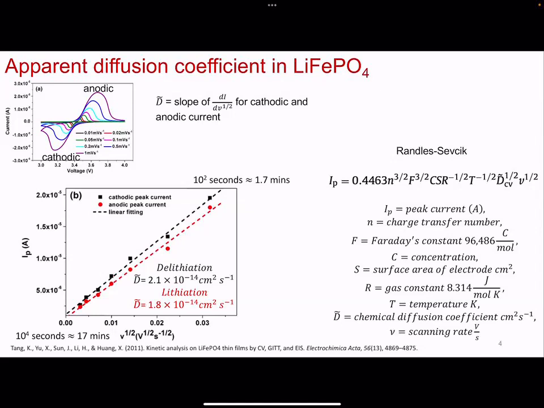You could see that in this range, your process is going from about a minute and a half all the way to 17 minutes, depending on how quickly you're sweeping your voltage. So far, the order of magnitude is 10 to the negative 14, according to CV. Slightly different, 2.1 versus 1.8, but not extremely different, which is foreshadowing what's to come.